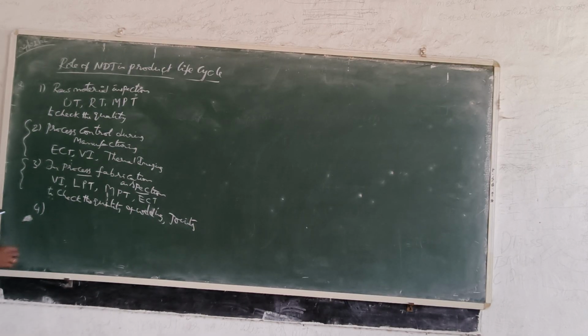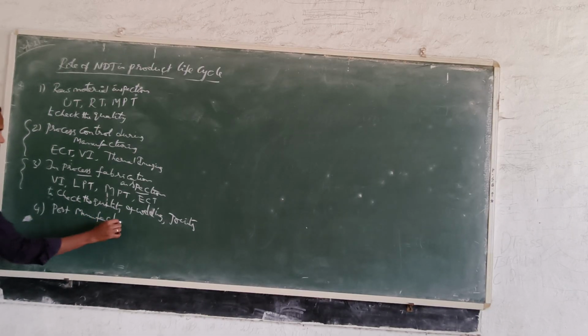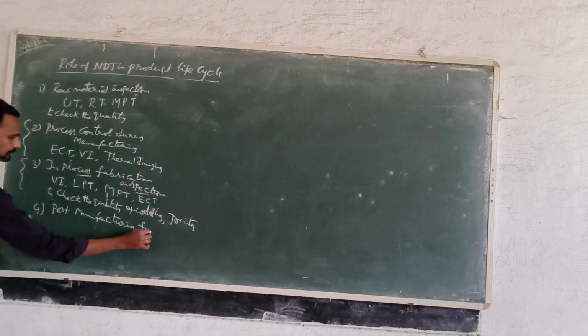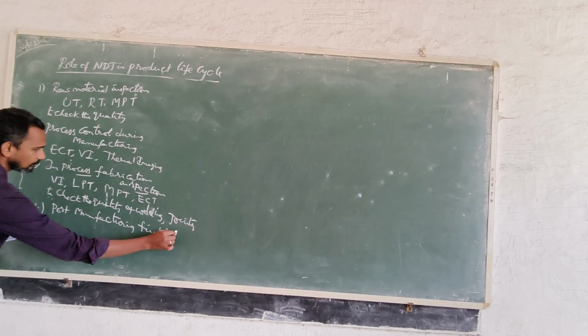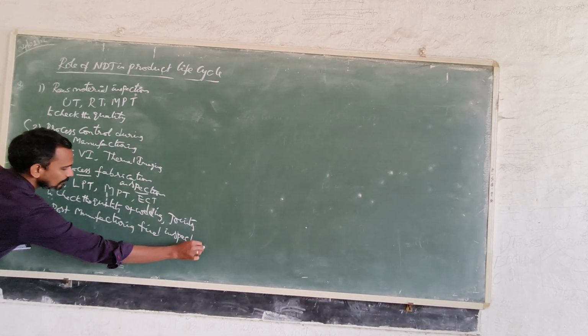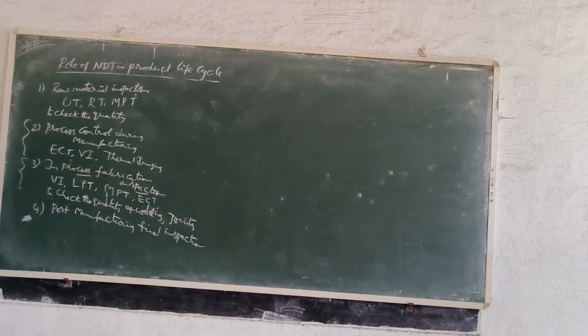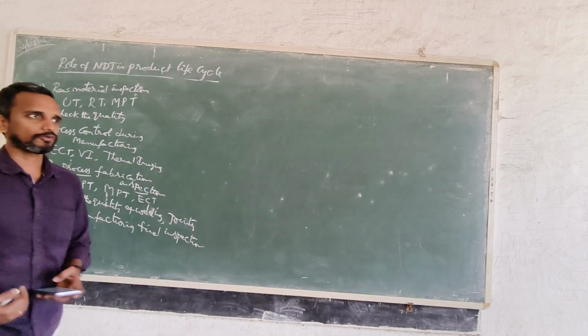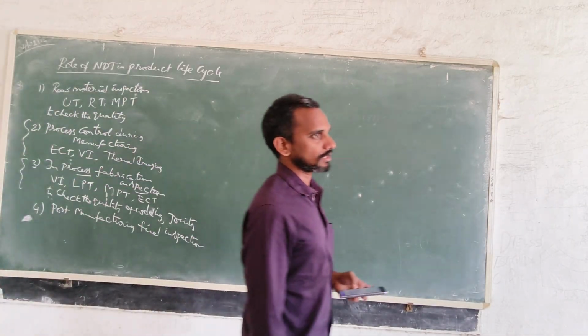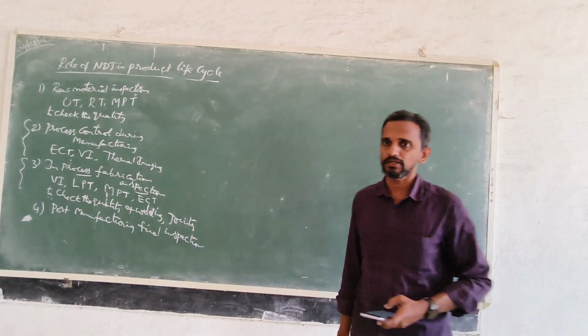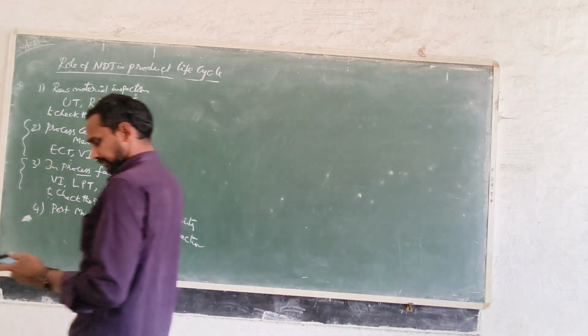Next one, post-manufacturing final inspection. So this is the stage of quality control. Before launching the product into the market, we check the quality of the final finished product.